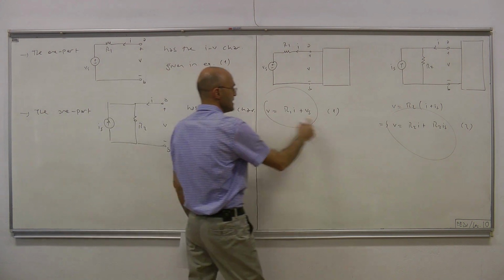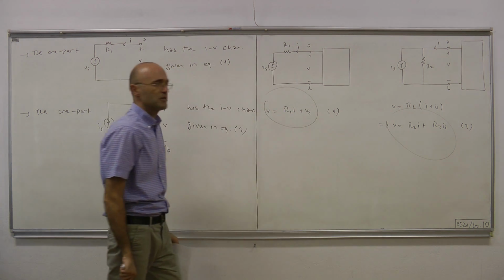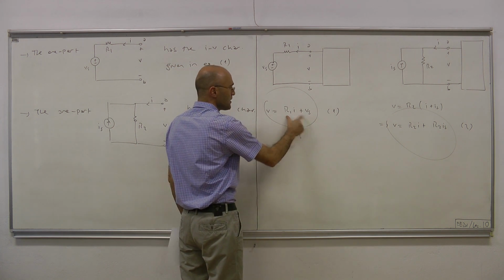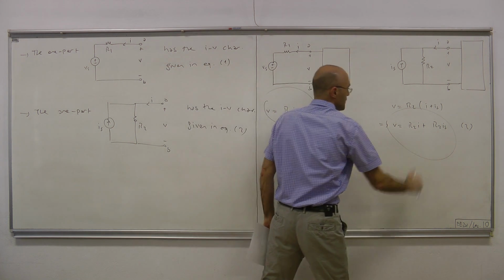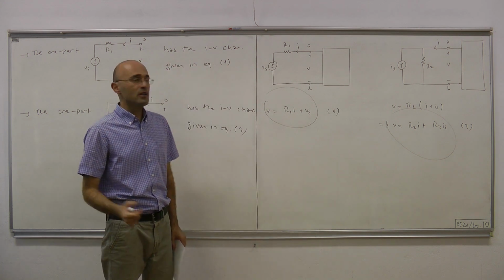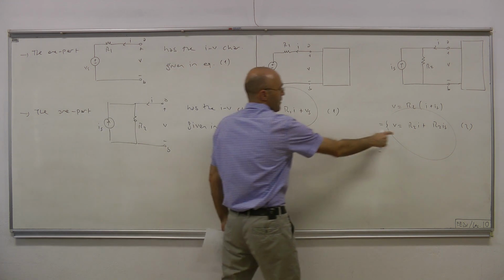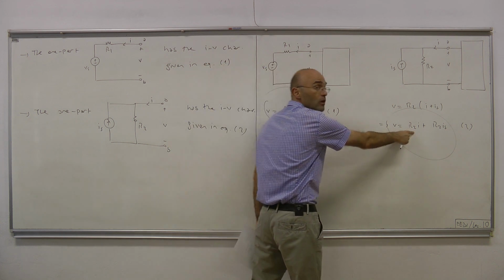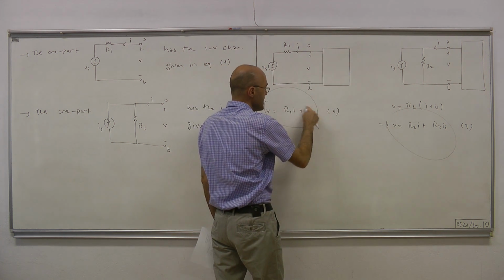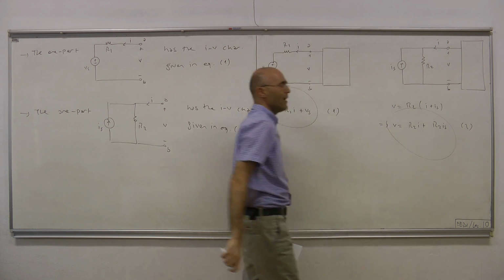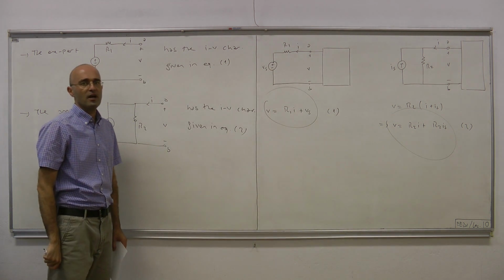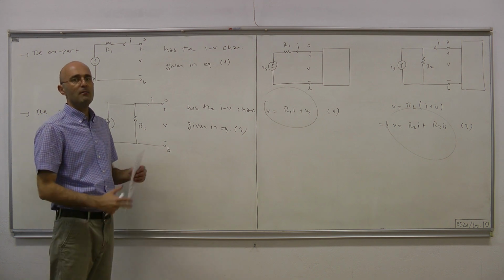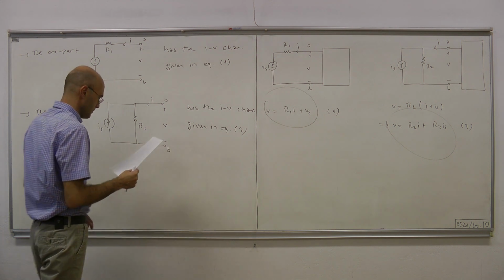Here we have V on the left-hand side of both equations. Therefore, equivalence should imply that this right-hand side and that right-hand side are equal. In order for them to be equal, it's clear that R1 must equal R2, and Vs must equal the product R2 times Is.